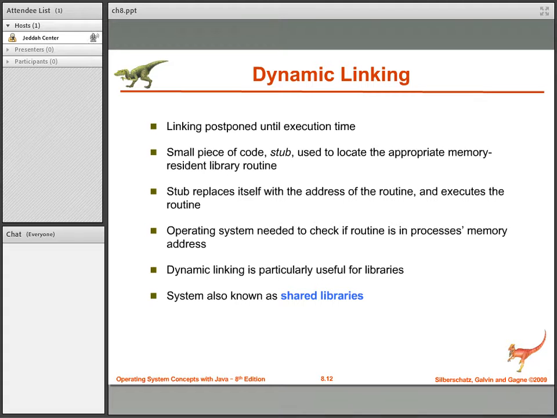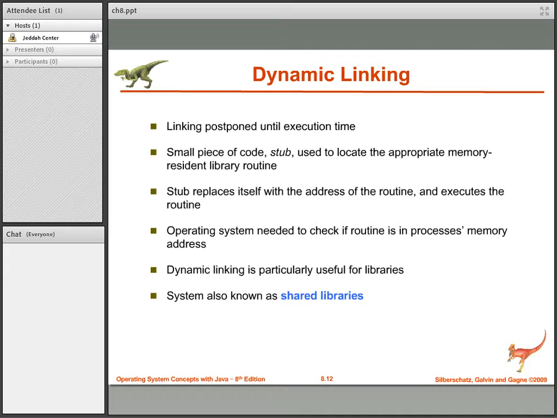However, in this case, you need the operating system to check whether the routine is in the process's memory address or not, because to do this operation, the routine has to be in the process's memory address.